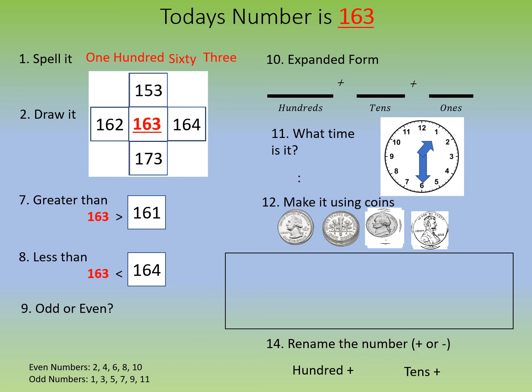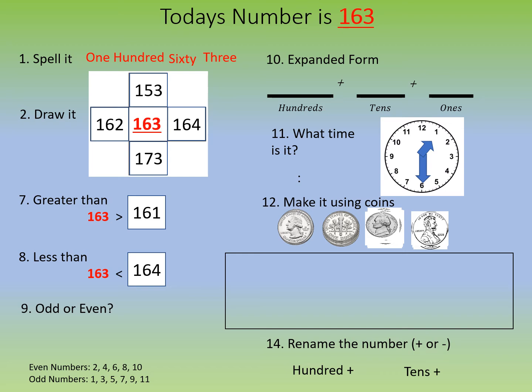Number 9 is asking if it's odd or even. Let's just refresh your memory on even and odd numbers. We did this towards the beginning of the year. Even numbers are 2, 4, 6, 8, and 10. 10 represents the 0, so it would be 10, 20, 30, 40, 50, 60, 70, and so on. And odd numbers are 1, 3, 5, 7, 9, 11.